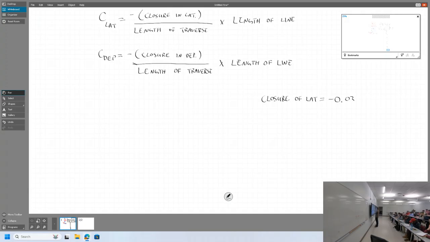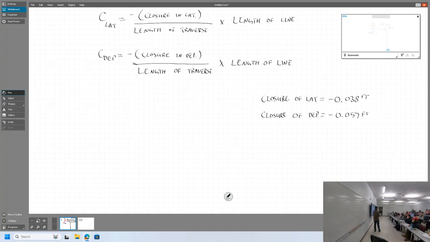If we do the same thing for the closure in departure, take the summation of all our departures, you get negative 0.057.